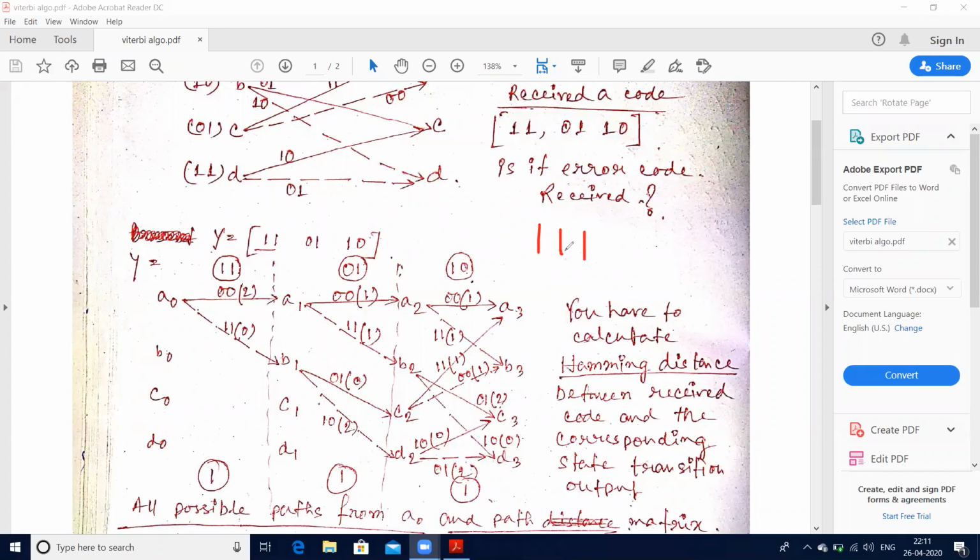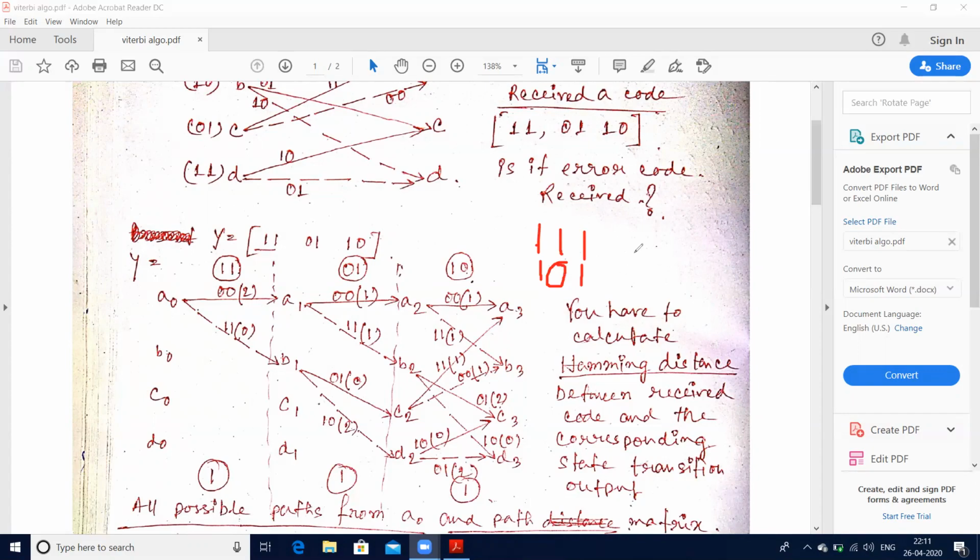What is the Hamming distance between these two codes? It is basically the number of bit transitions. These two are the same, these are the same, but there is one difference, 1 and 0.